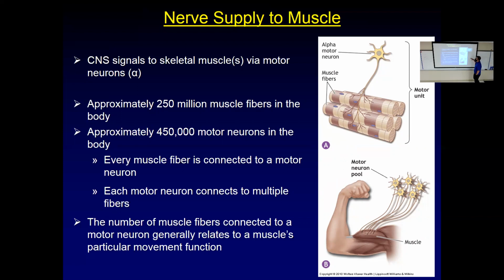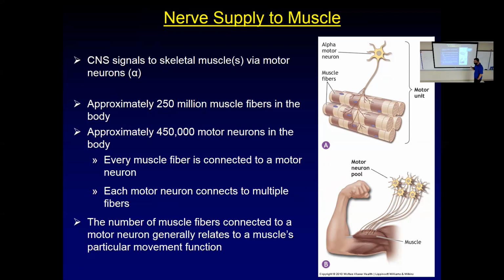What you're going to see is there are about 250 million muscle fibers in an average person. We have about 450,000 motor neurons, right? So what you're going to have to guess from all of that is that obviously each motor neuron is going to have to connect to more than one muscle fiber, okay?